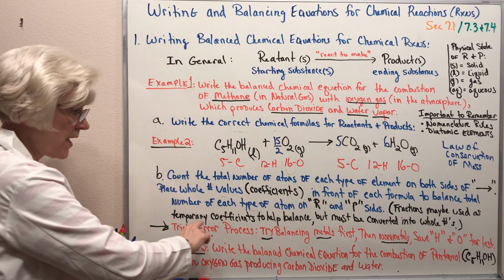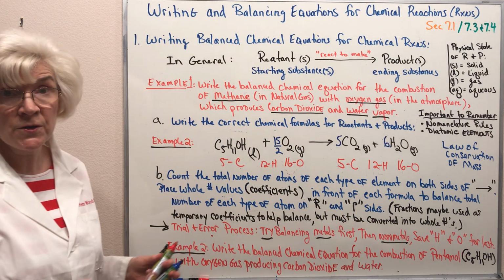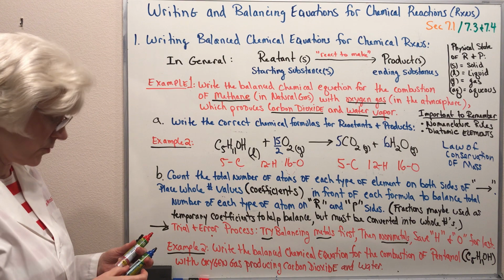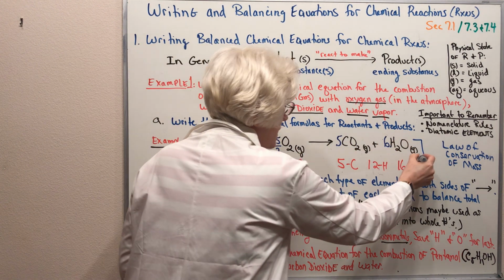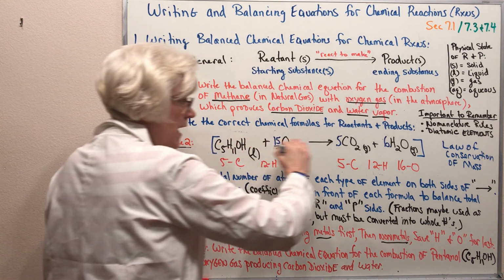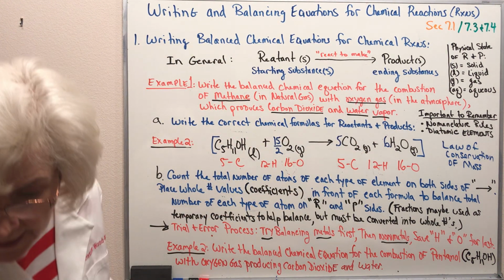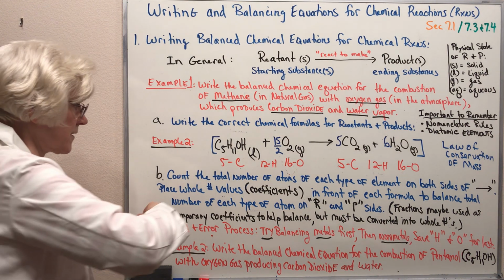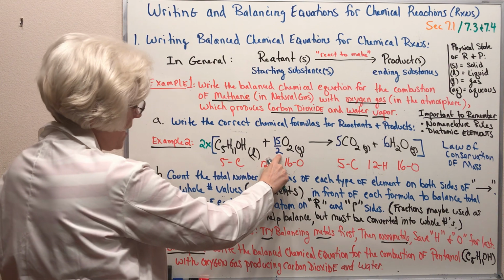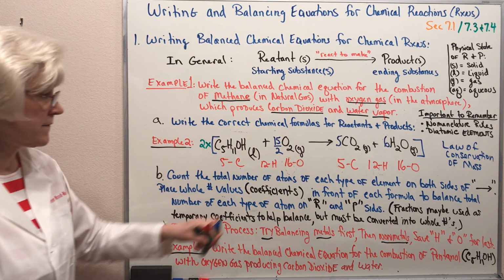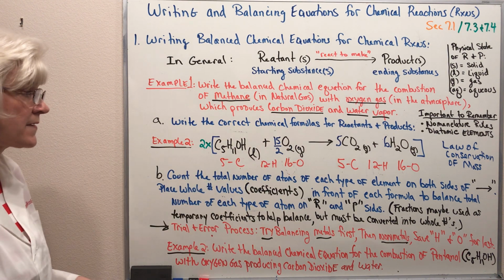I told you you can use fractions to help balance, but you have to convert those fractions into whole numbers. So how do you do that? Well, we're going to have to multiply all of the coefficients through by 2. And why by 2? Because we're trying to get rid of that 2 in the denominator of the 15 halves.